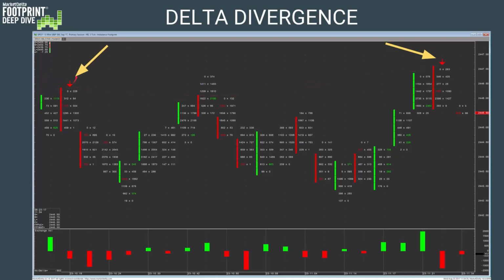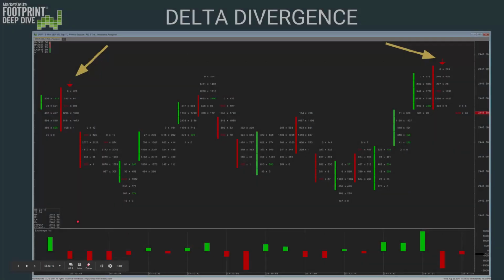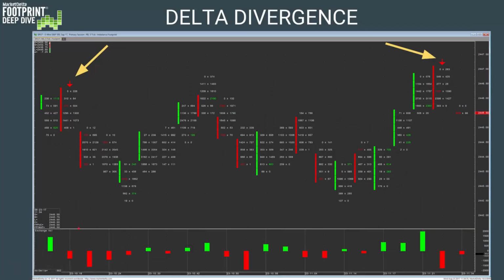But let's focus on this short signal. This was a new high for the day up here. You wouldn't know that, but it was. And the delta for the bar was negative, as you can see down here. That's where the divergence comes into play. You get a new price high with a negative delta.